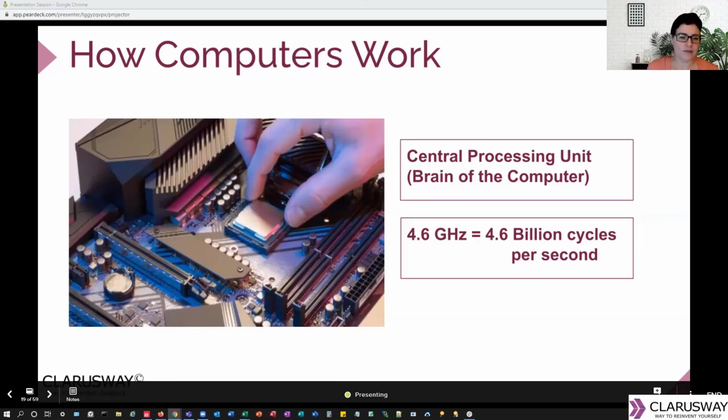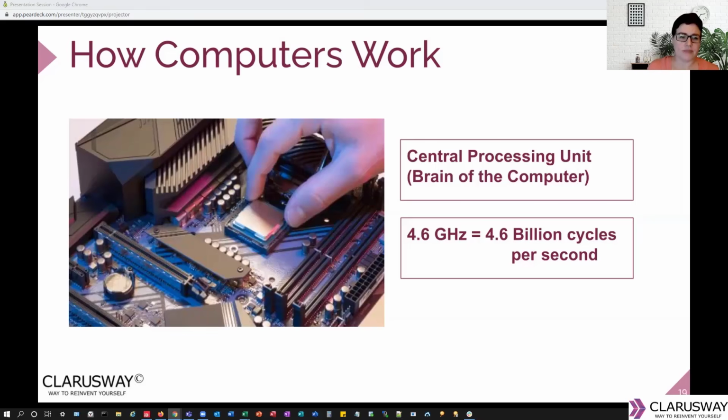On top of the chip is what we call a heat sink. And we talked about the processors being a gate for electricity. So with all that electricity, it generates a lot of heat. We don't want our CPUs to burn out. So they come with a large heat sink, just a metal unit that gets glued to them. And that is pulling the heat off of the CPU.